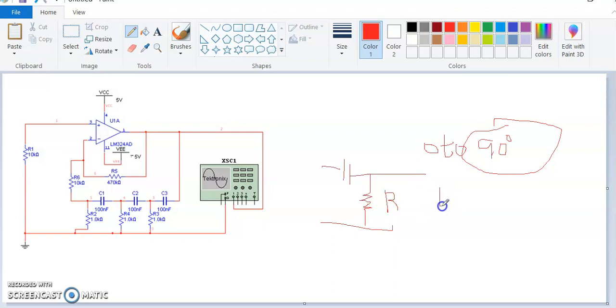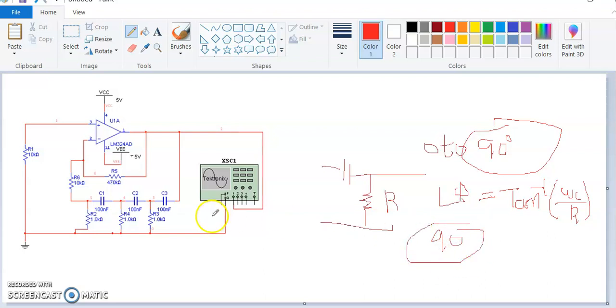The phase shift equation is phi equals tan inverse of omega C by R. If the R value is 0, then it will become infinity, and the phase shift is 90 degrees. Practically, a 90 degree phase shift is not possible.